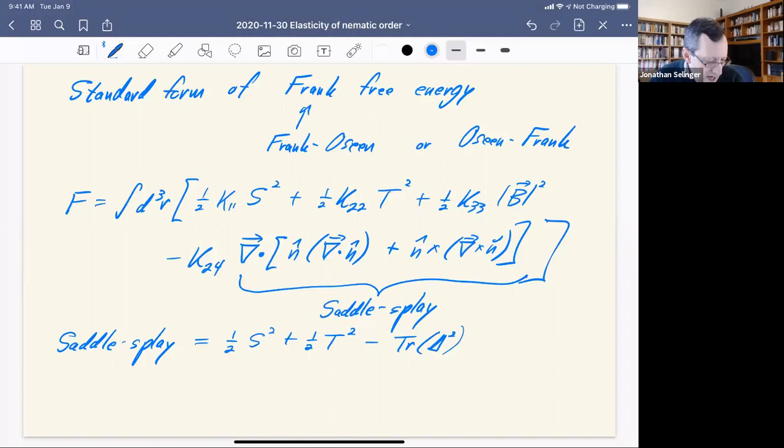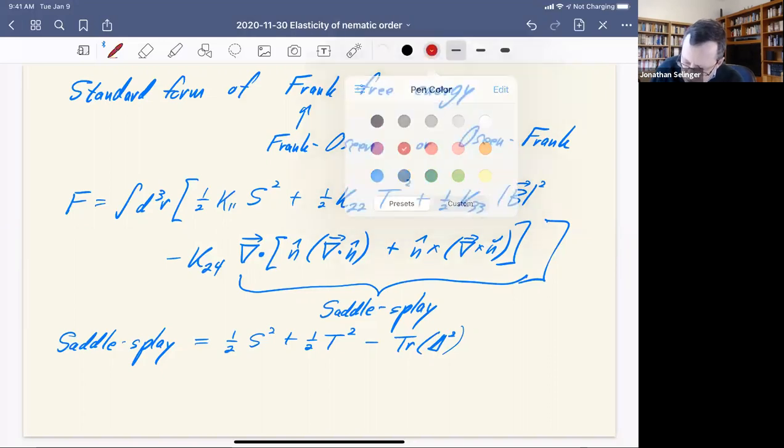Okay, now suppose we put that equation into this free energy. In that case, what do we get?